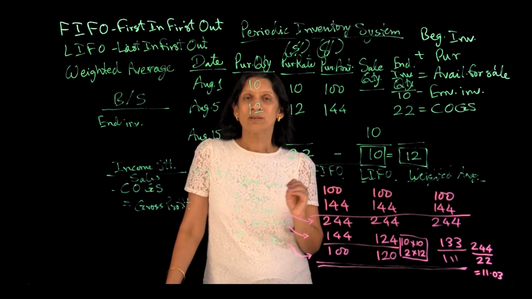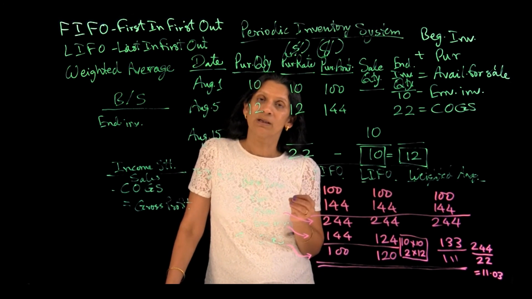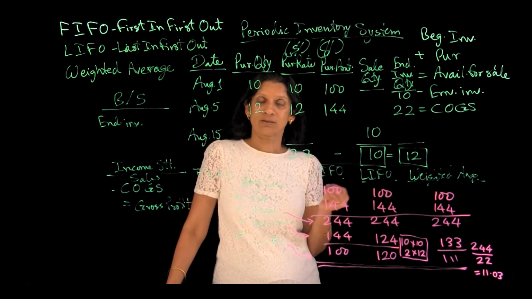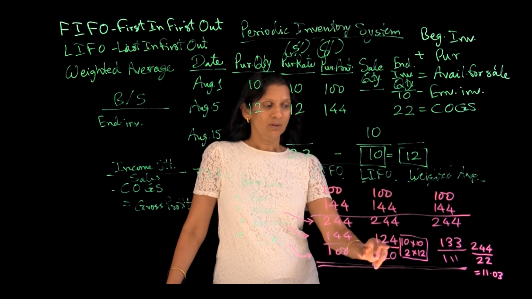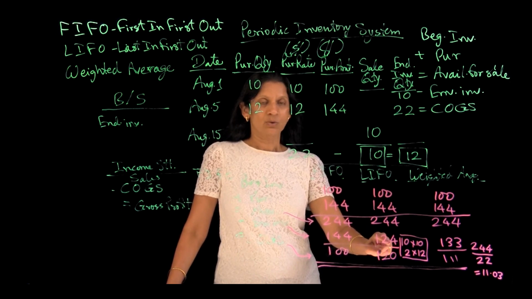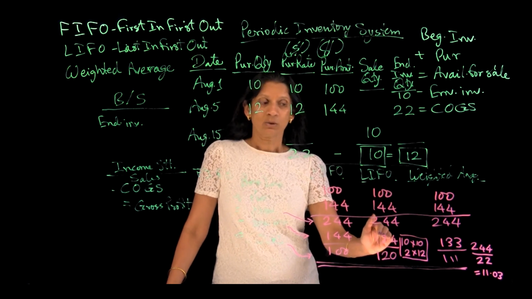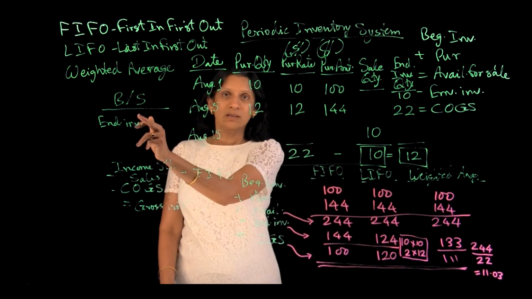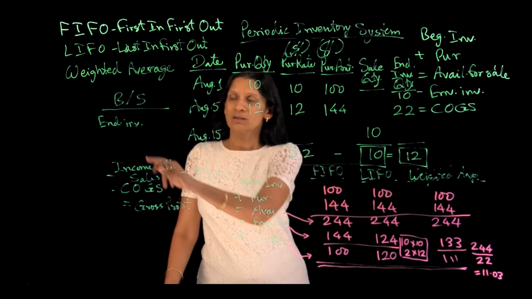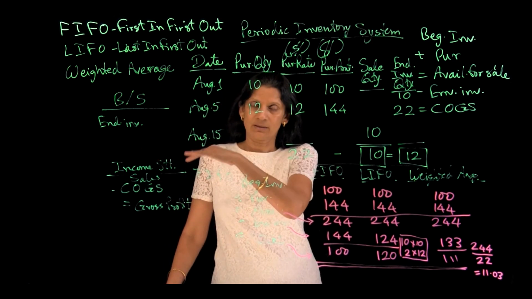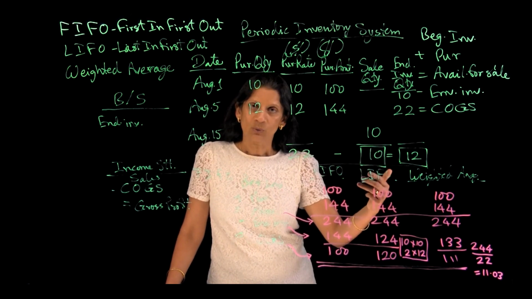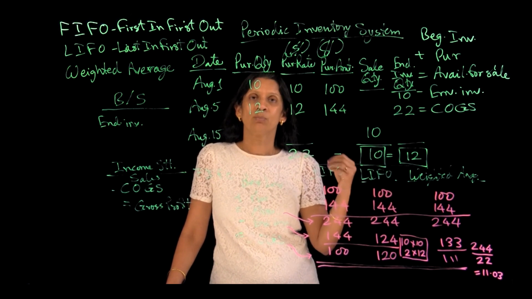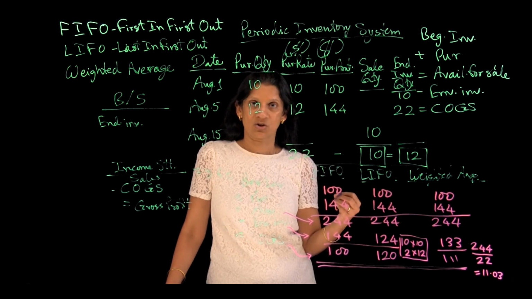So the businessman or the businesswoman will be spending less money on taxes to be paid to the government. And at the same time, when you look at the ending inventory, it is also least. So whatever inventory is reflecting in the balance sheet is on the lower side. So which assumption to follow depends on that particular company's decision.